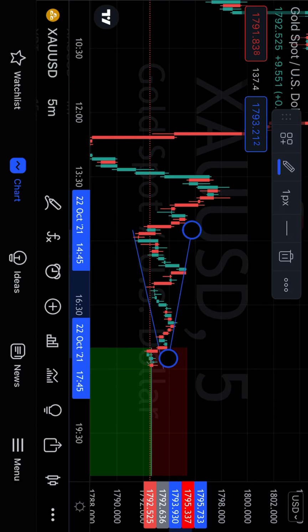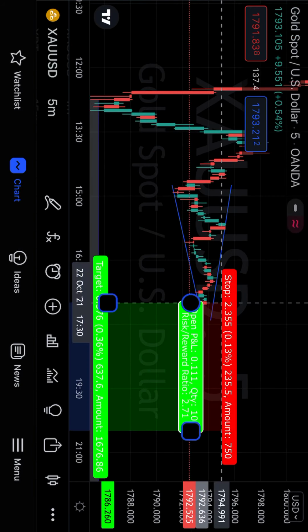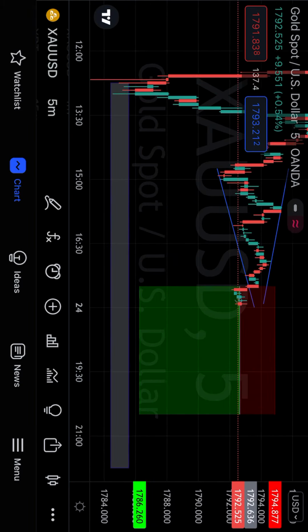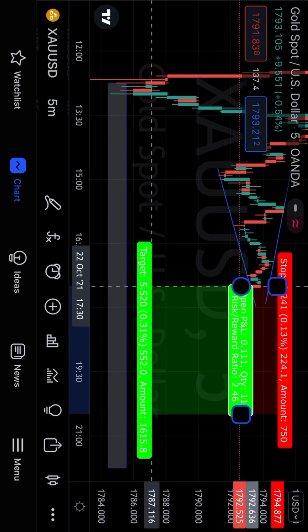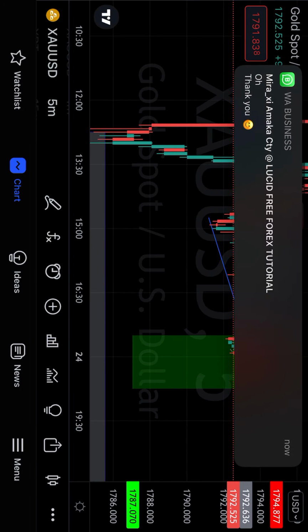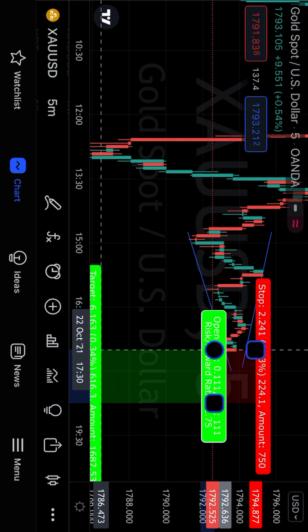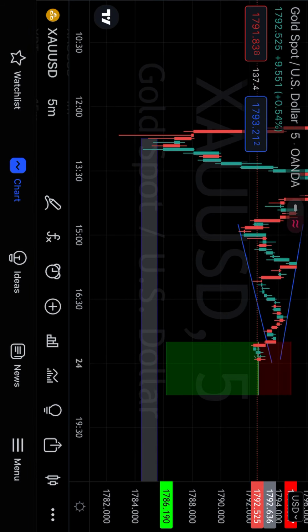Right, let's adjust our chart pattern. We have a very nice stop loss above, just about 20 pip stop loss, and then my 50 pip take profit, right?